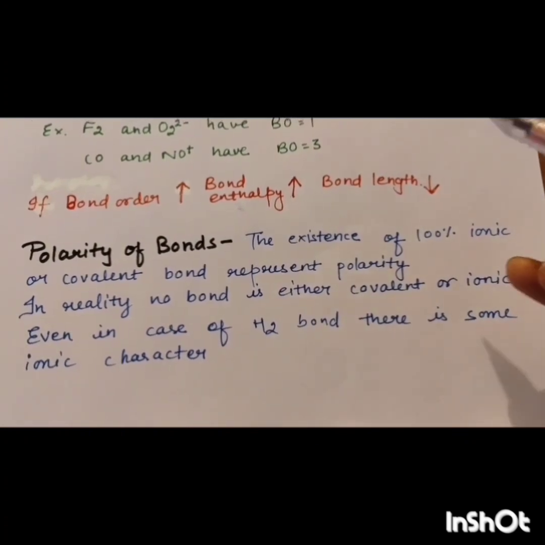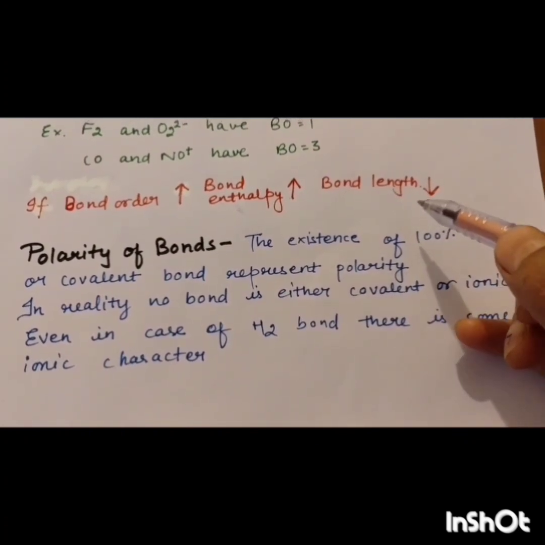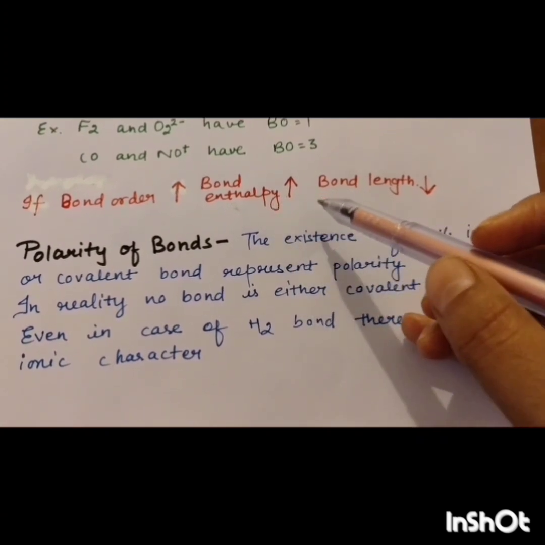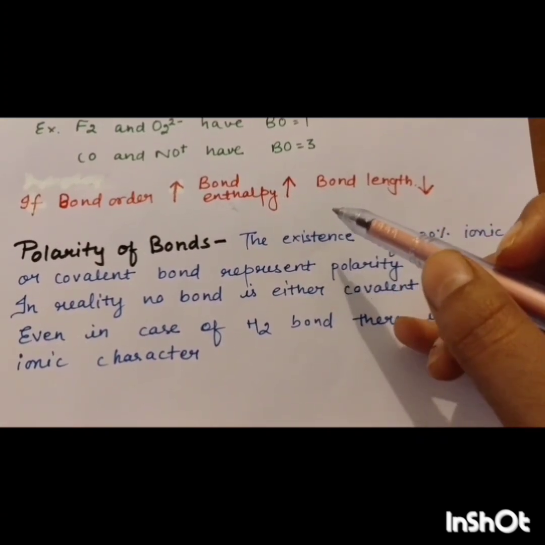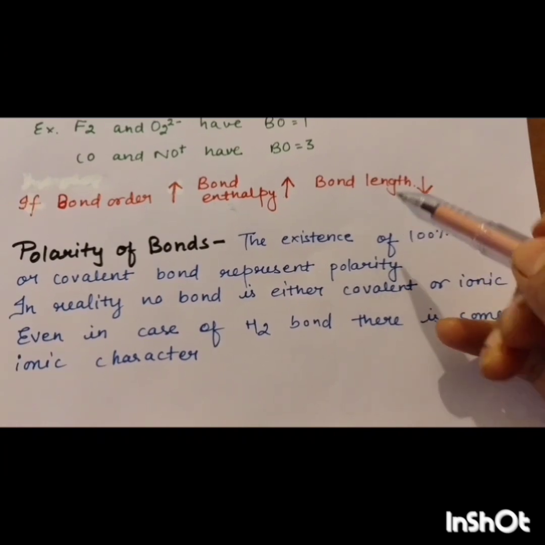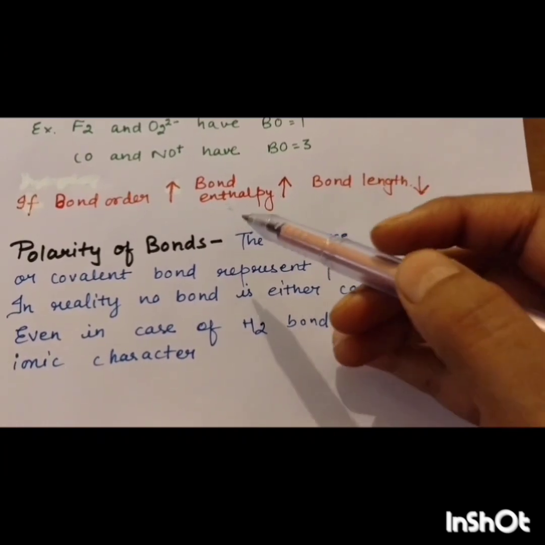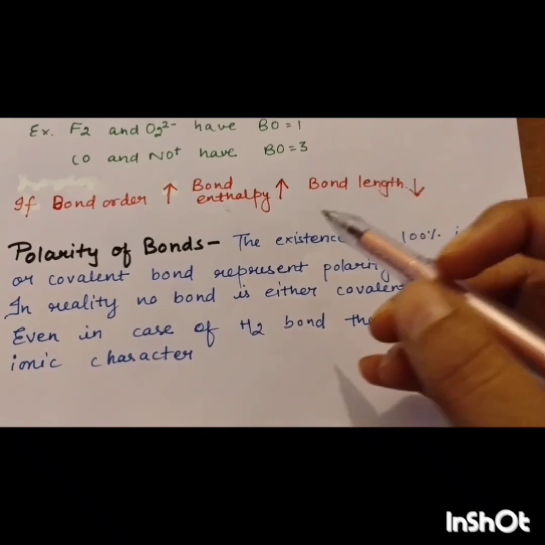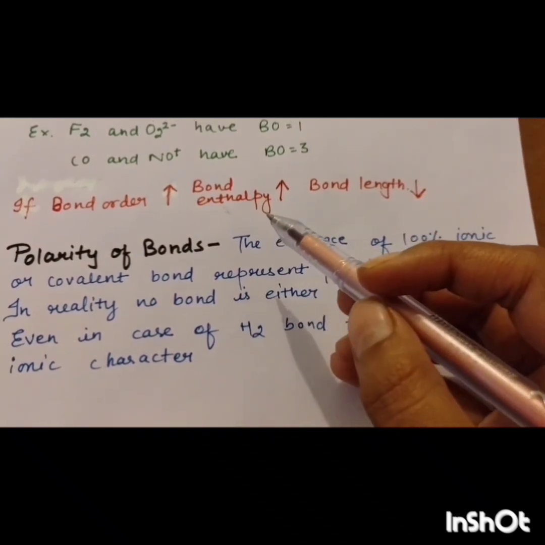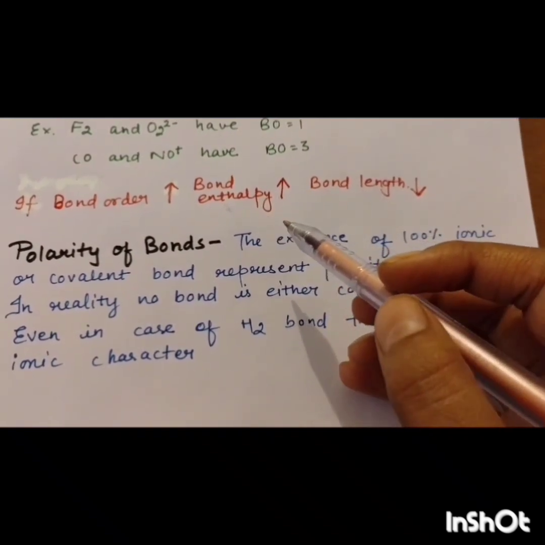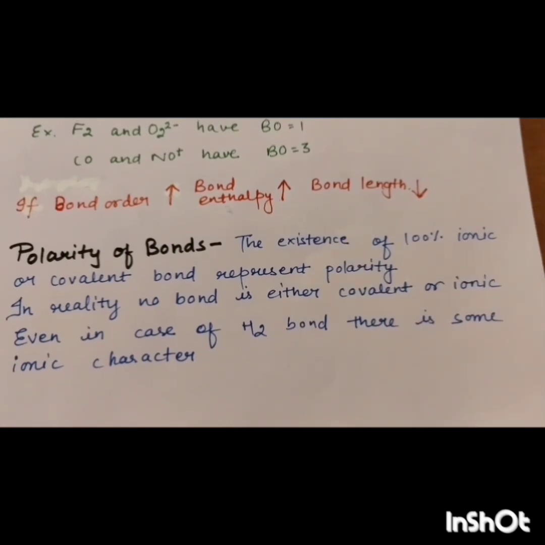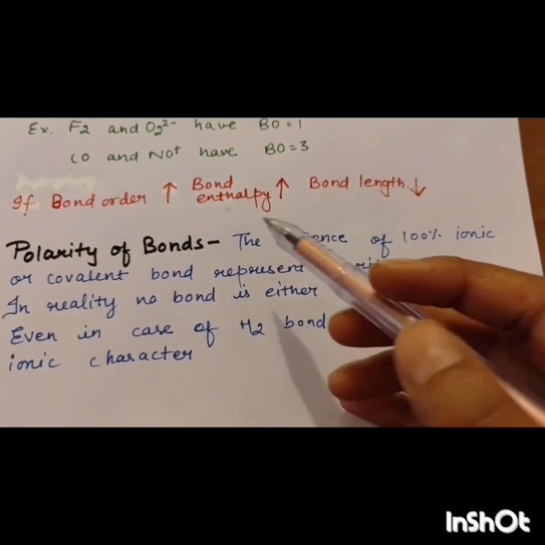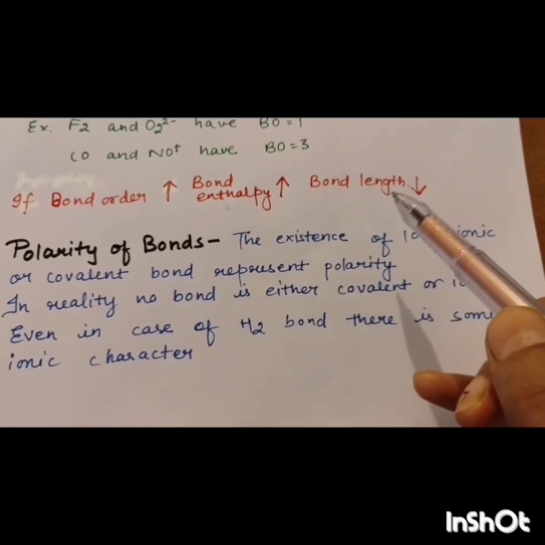Bond length decreases because the distance between the atoms is smaller, as there is more force of attraction, as you have already read in the previous class about bond enthalpy and bond length.